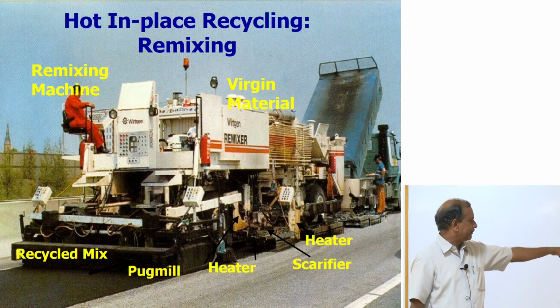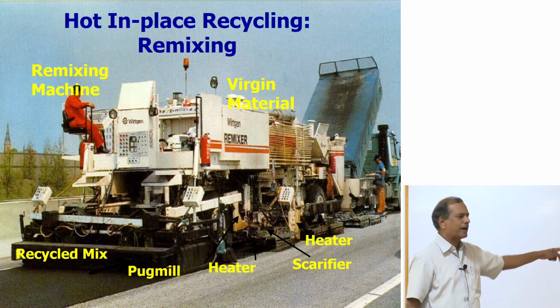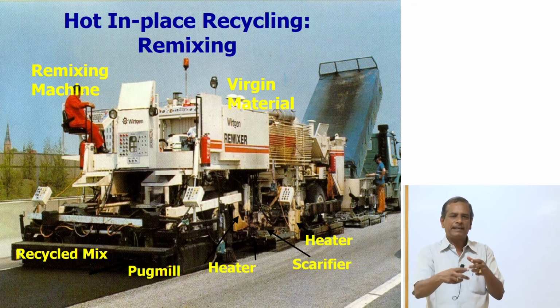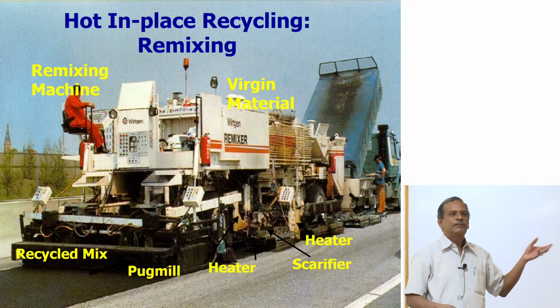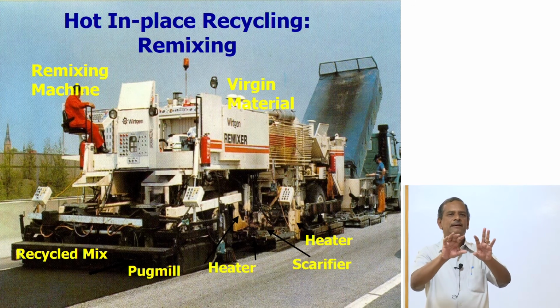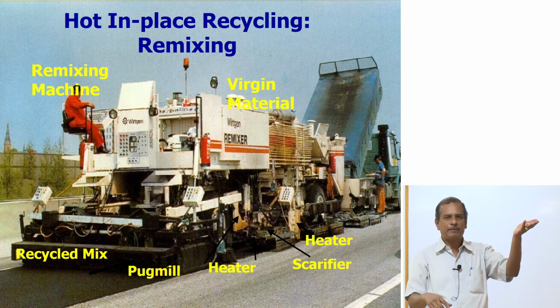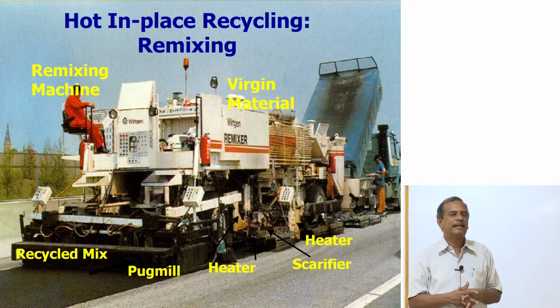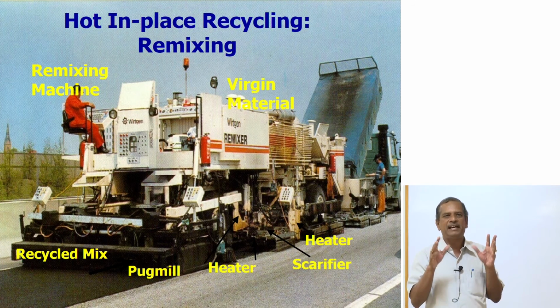Once I scarify the material, you have a pug mill where I bring in virgin material, aggregates, mix the material and lay it back. With the result, the finished road surface will be approximately similar to that of the old deteriorated pavement. I am reusing the material. With the result, the requirement of virgin aggregate will be marginally very less.